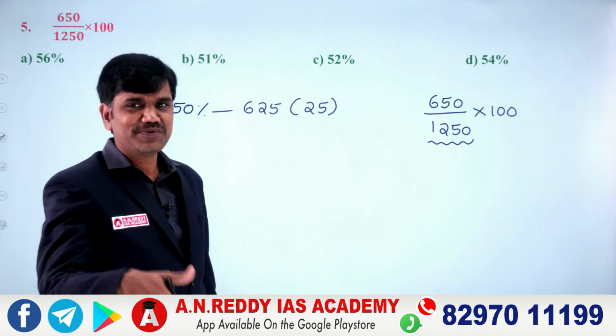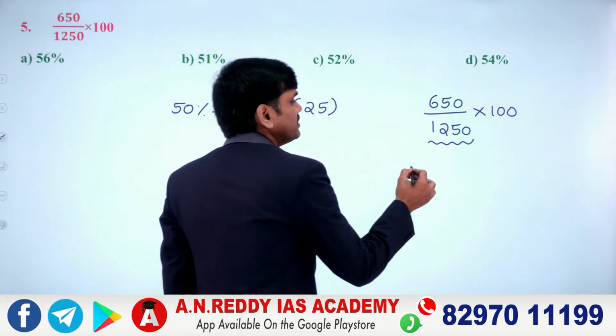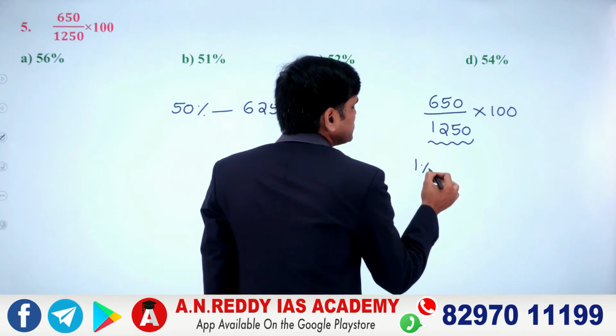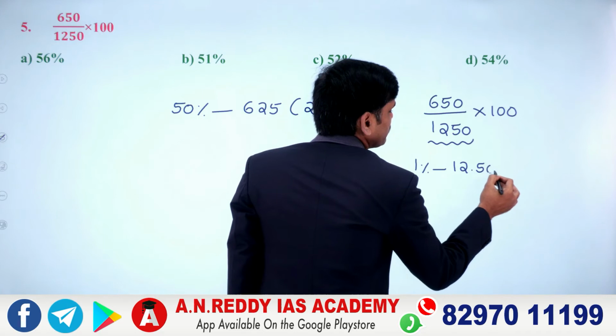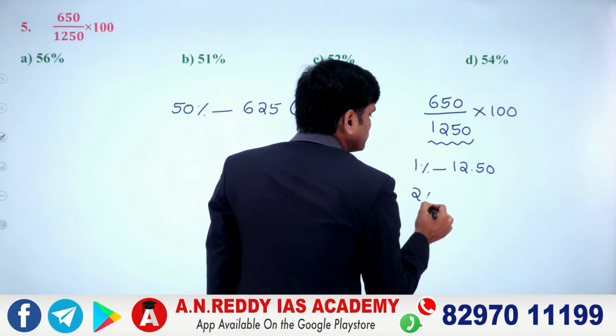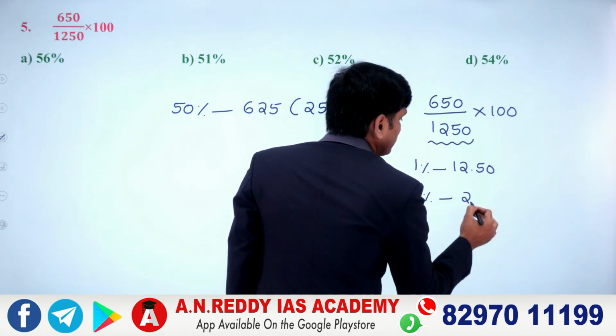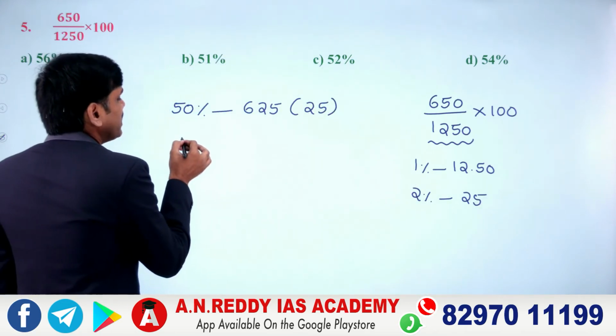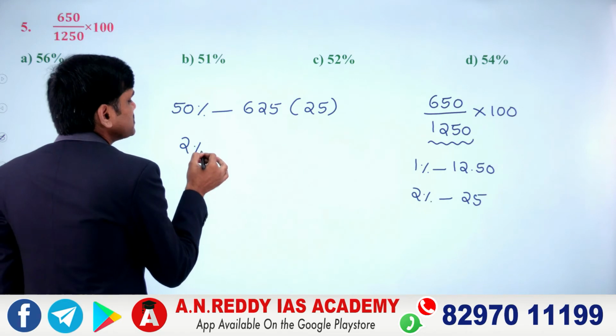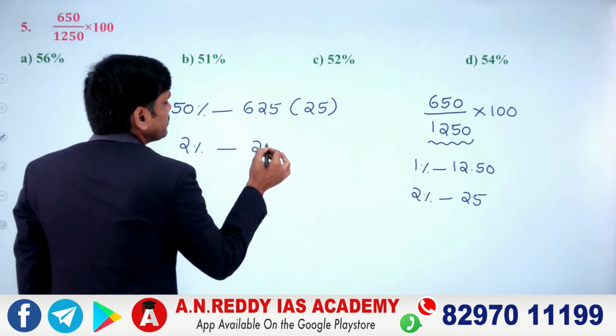Then I will go down to 1%. 1%, how much is it? 12.5. So 1% of 1250 is 12.50. 2% will be how much? 2% will be 25. So after 50% I can add another 2% to reach the target.